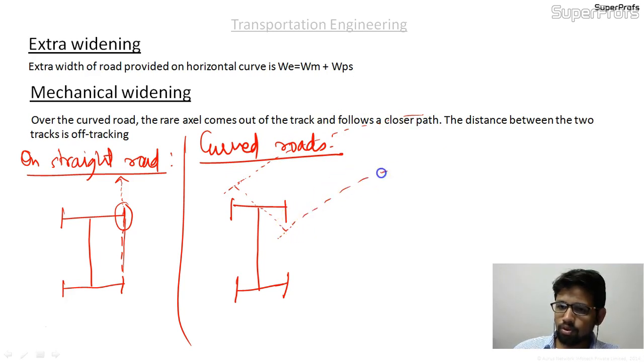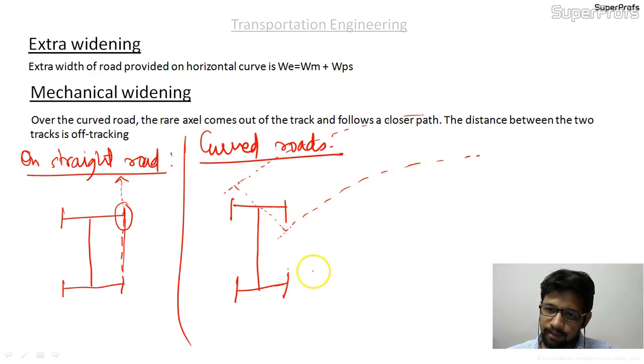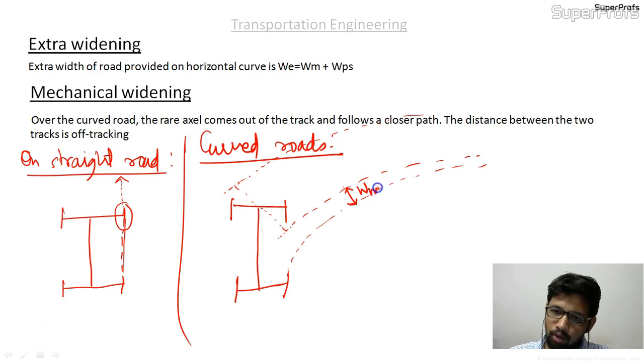But the rear wheel, instead of following this trajectory, takes a shorter path like this. This is what is Wm, that we call mechanical widening, which is also known as off tracking.